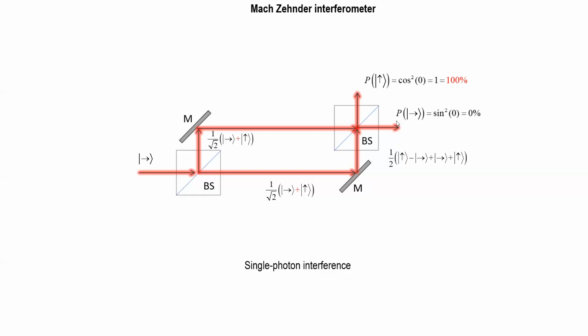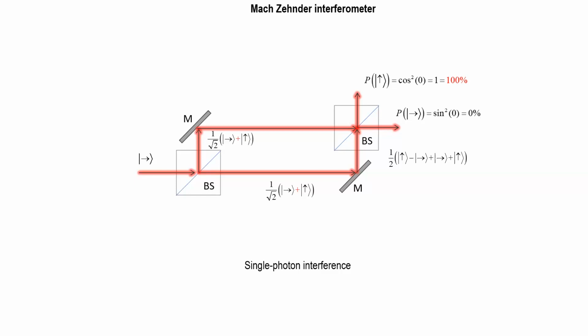Or changing the orientation of the beam splitter flips the signs in the probability amplitudes. All right. Again, in this balanced case of no phase shifter, we can get 100% probability in the vertical direction and 0 probability in the horizontal, which means the photon does not appear in the horizontal direction whatsoever.